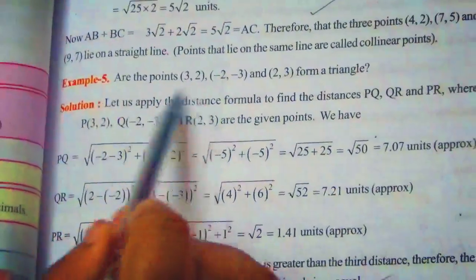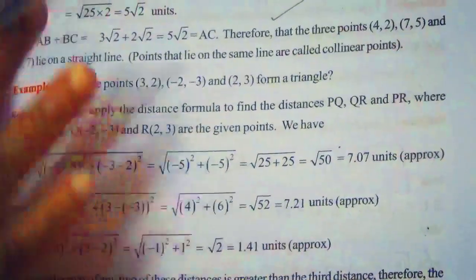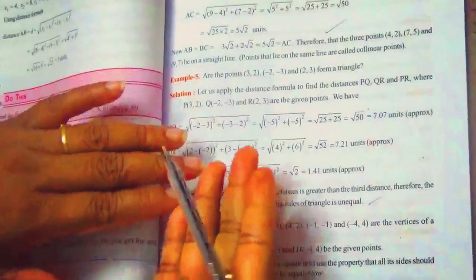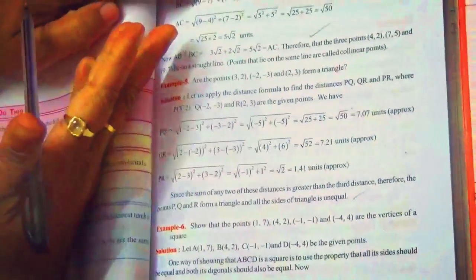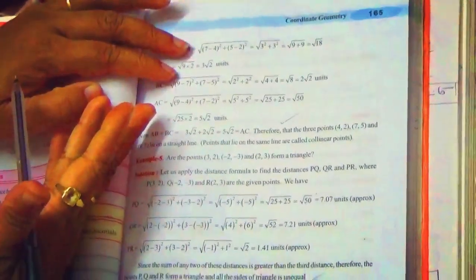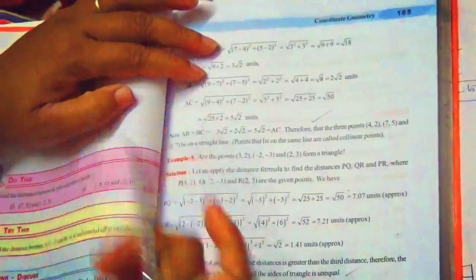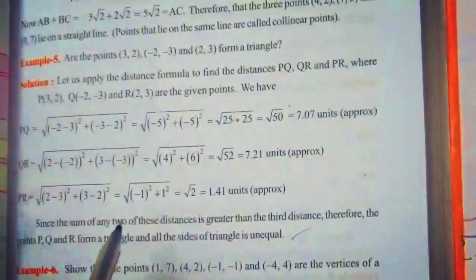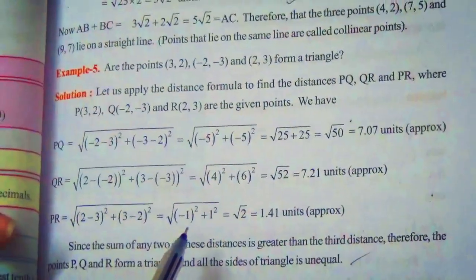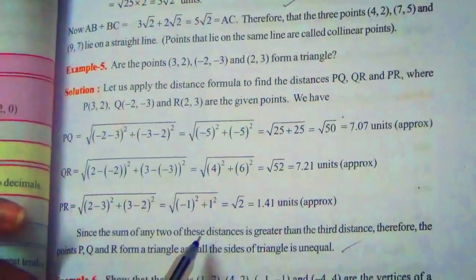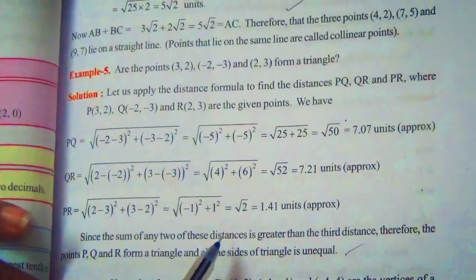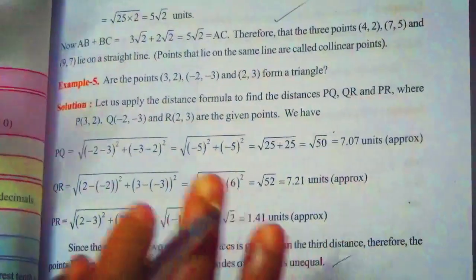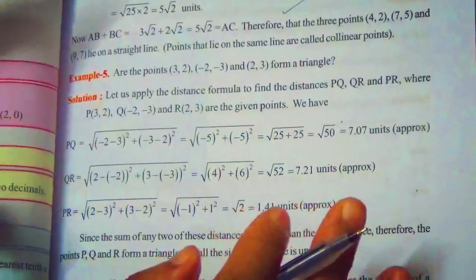Do this sum as usual, on the model of this example 4. You just take these points and check the condition of collinear. If the points satisfy the collinear condition, then it will not form a triangle.